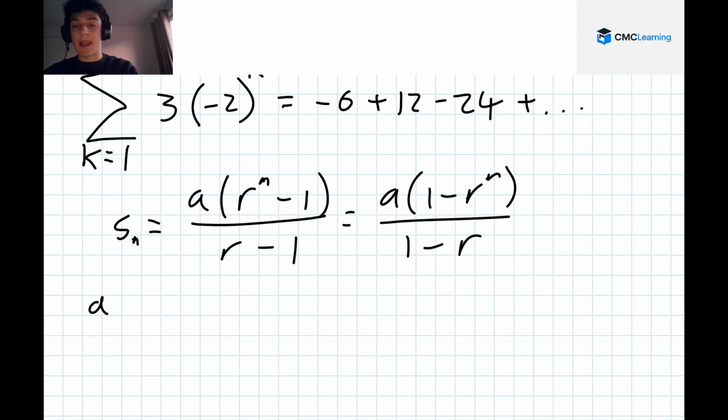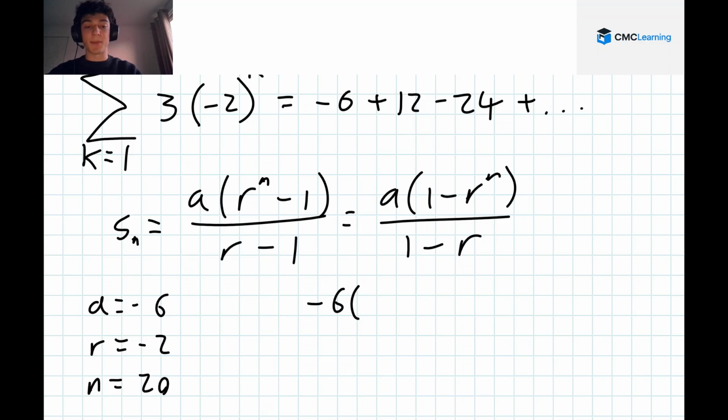We can see that a is equal to minus 6, r is equal to minus 2, so that's our common ratio. And then n, well, we're summing 20 terms. So let's have a look at where that gets us. Minus 6 multiplied by 1 minus minus 2, to the power of 20. It's very important to utilize brackets here, in my opinion.